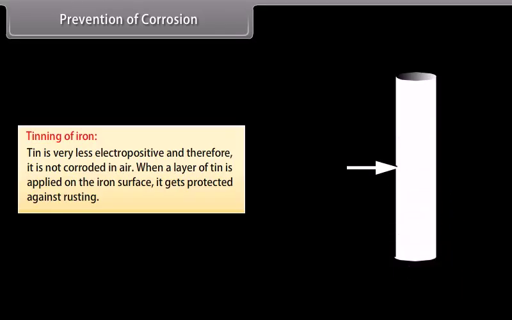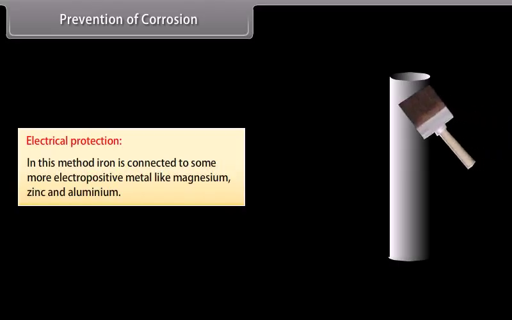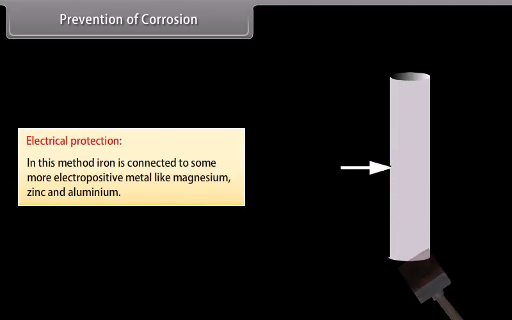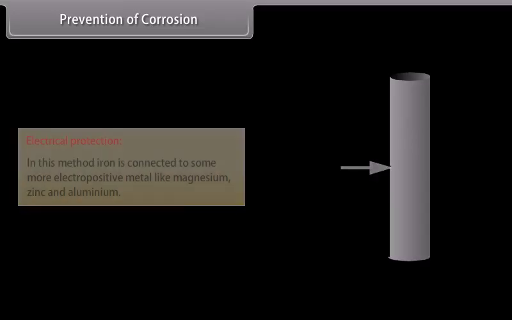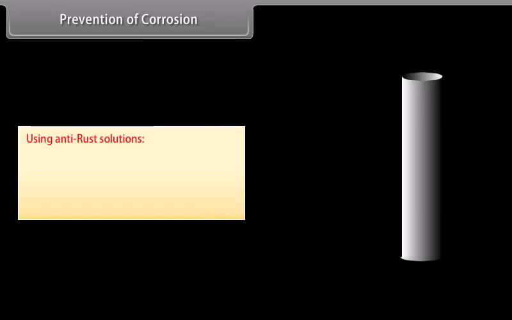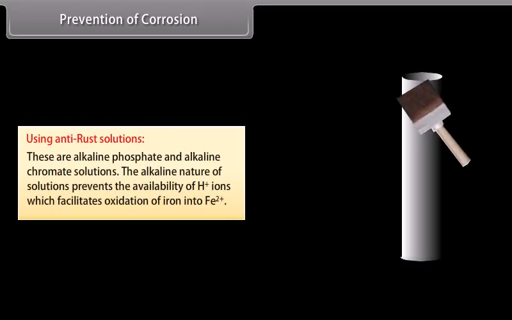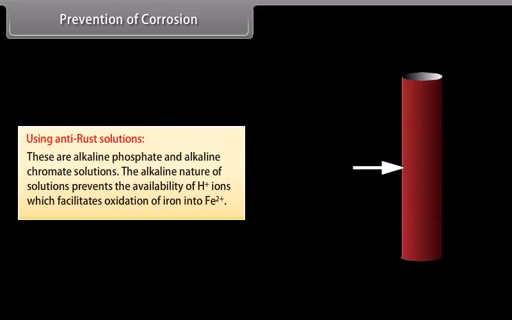When a layer of tin is applied on the iron surface, it gets protected against rusting. Electrical protection. In this method, iron is connected to some more electropositive metal like magnesium, zinc, and aluminium. Using anti-rust solutions. These are alkaline phosphate and alkaline chromate solutions. The alkaline nature of the solutions prevents the availability of H+ ions, which facilitates oxidation of iron into Fe2+.